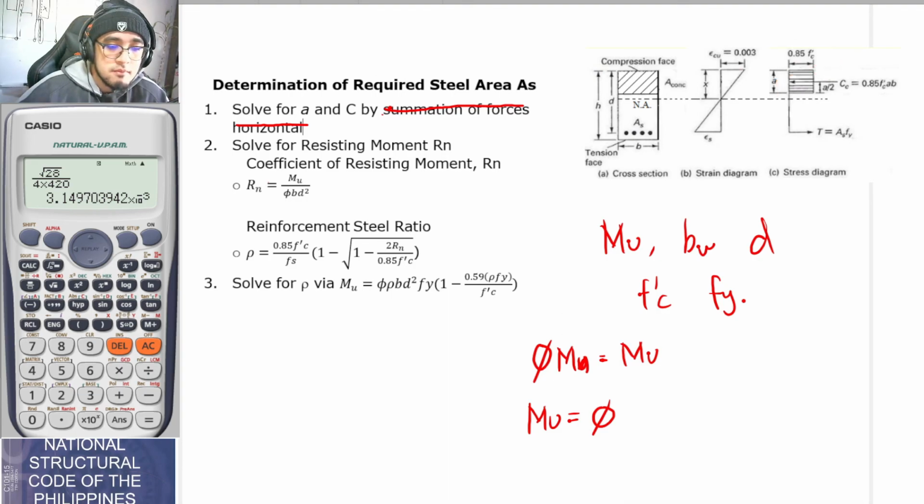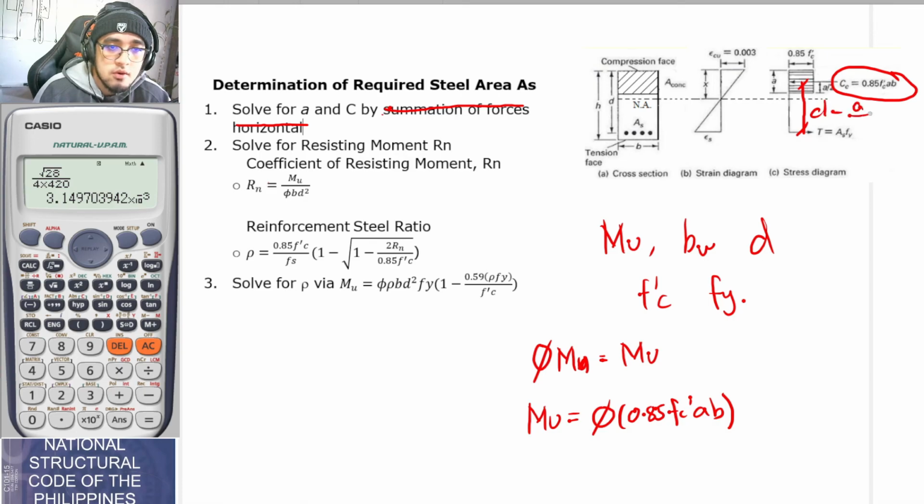You should already be familiar with this. So, 0.85 times FC prime times AB is the total compression force here, times the lever arm. The lever arm here is D minus A over 2, so times D minus A over 2.